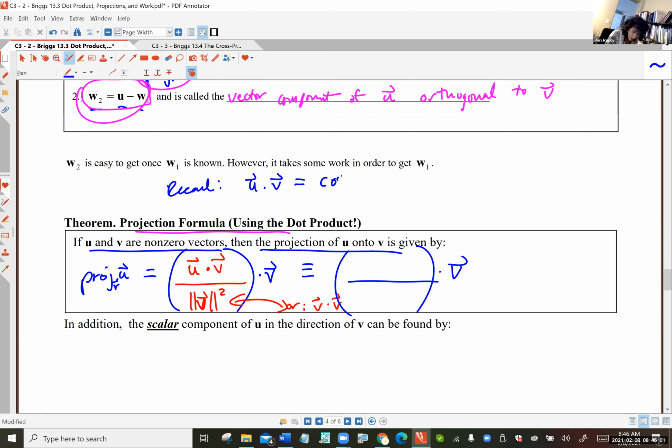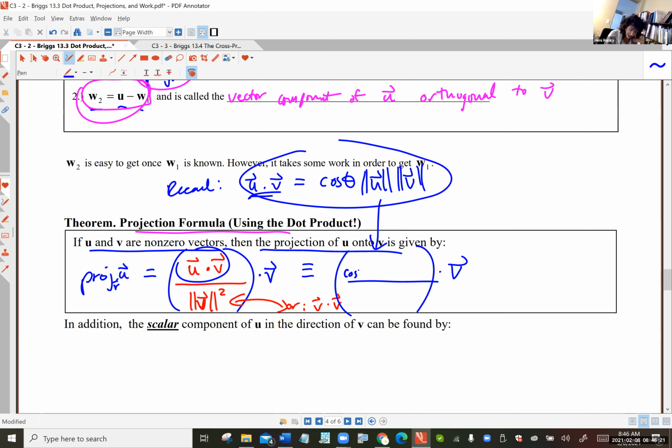Because when we were finding the angle between two vectors, do you remember that formula? This was a formula that I mentioned is really important. It's going to be on the midterm, it's going to be on the final, all that. Since this numerator is U dot V, I could substitute that instead into finding the projection like that.